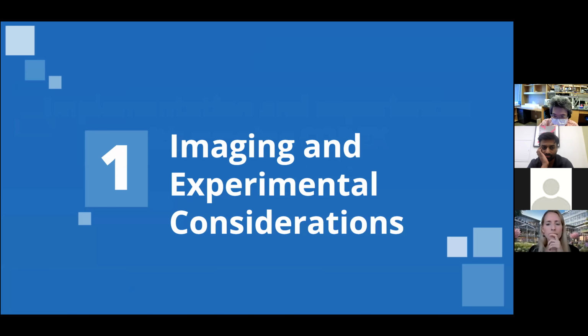The way our slides are structured, we highlighted some of the considerations and obstacles that you may encounter when running CODEX. The first part I'll talk about is imaging experimental considerations.